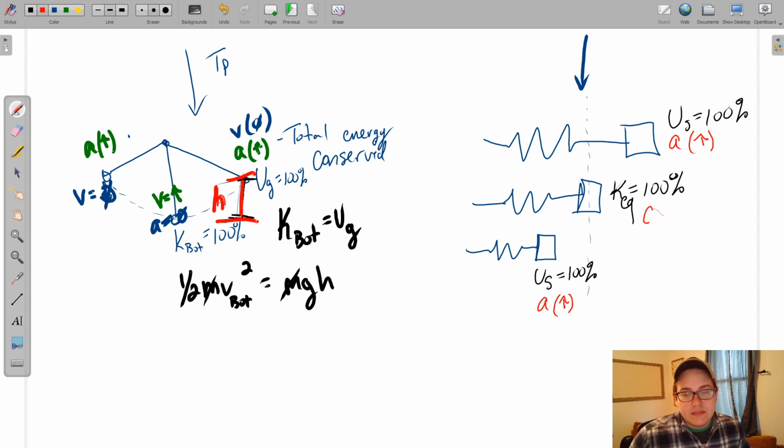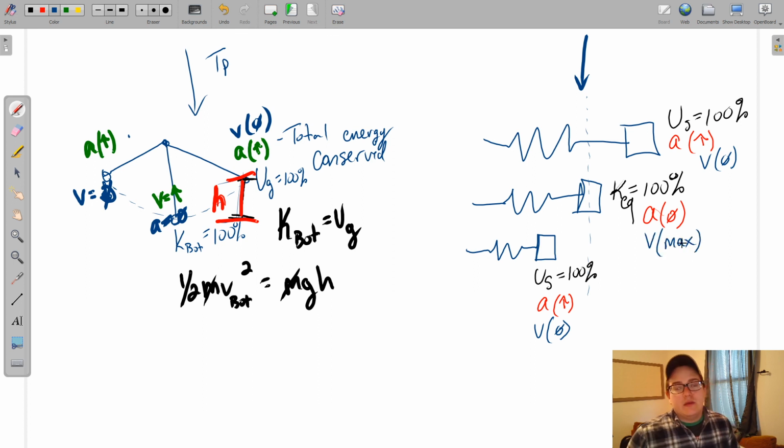And that means acceleration for a brief moment of time is going to be 0 at equilibrium. Velocities are going to be 0 at your ends because they're changing directions. They're coming back. And your velocity is at a max when it comes across that equilibrium.